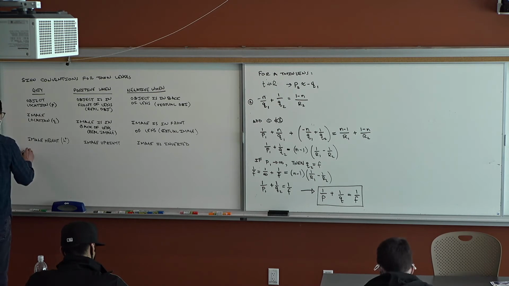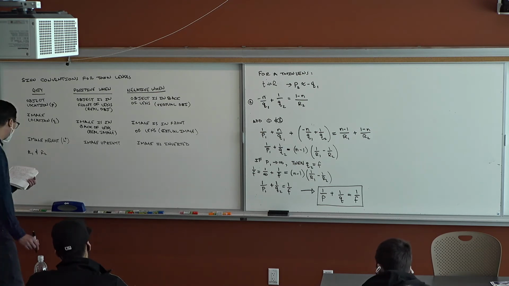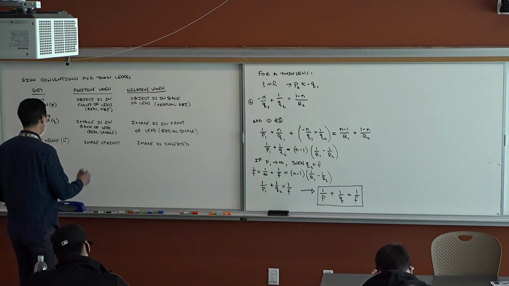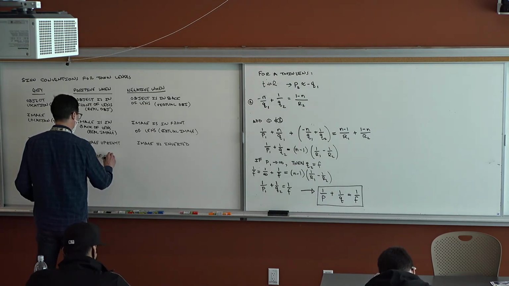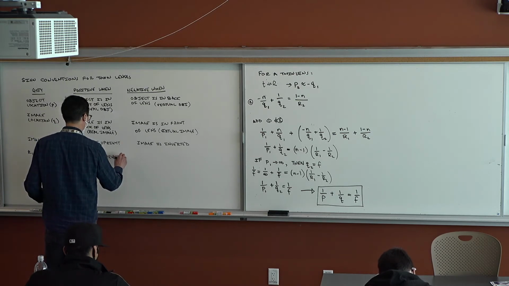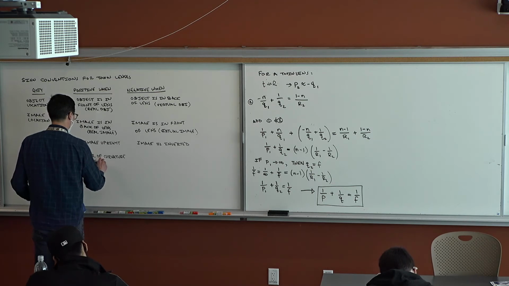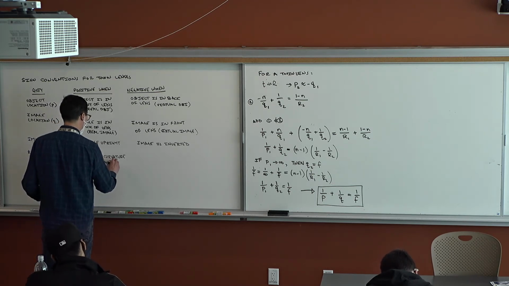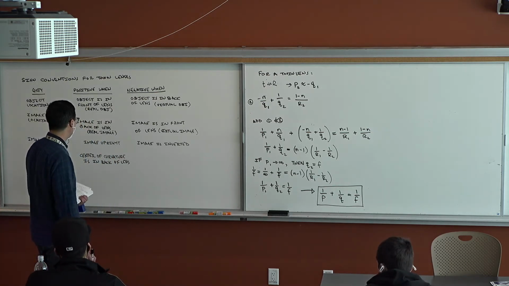R1 and R2 will be positive if the center of curvature is in back of the lens, behind the lens, and negative if it's in front.